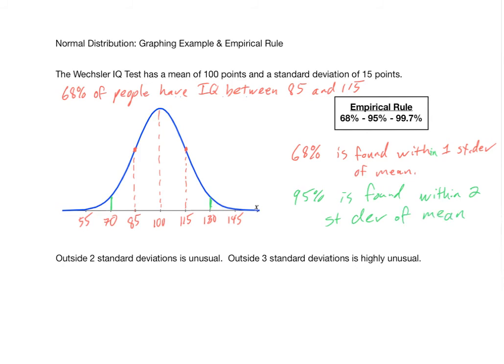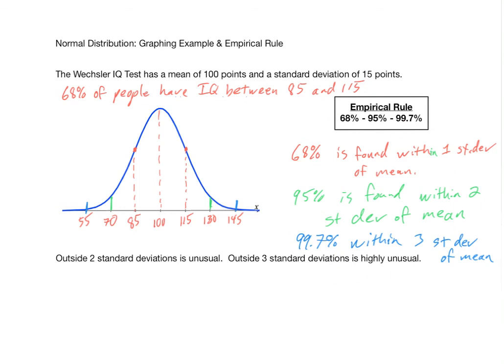And you might be able to guess, this 99.7% here tells us the amount of data within 3 standard deviations of the mean. So we have 99.7% within 3 standard deviations of the mean. This is in general right here.